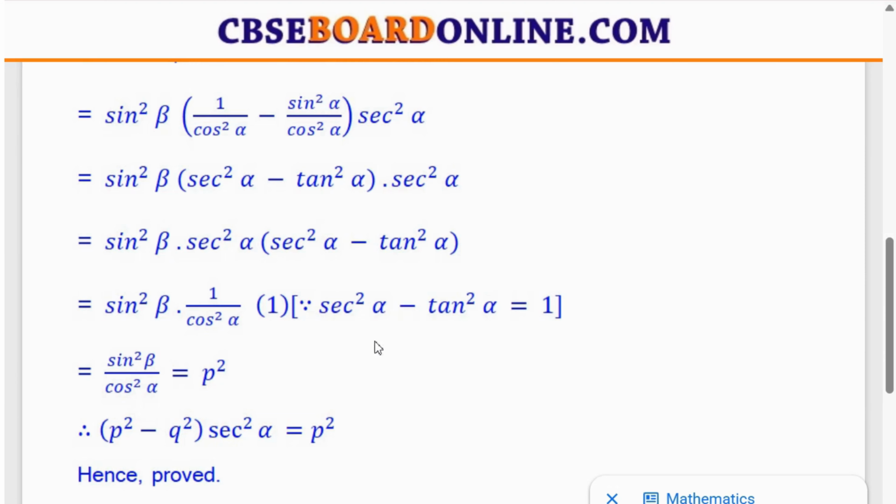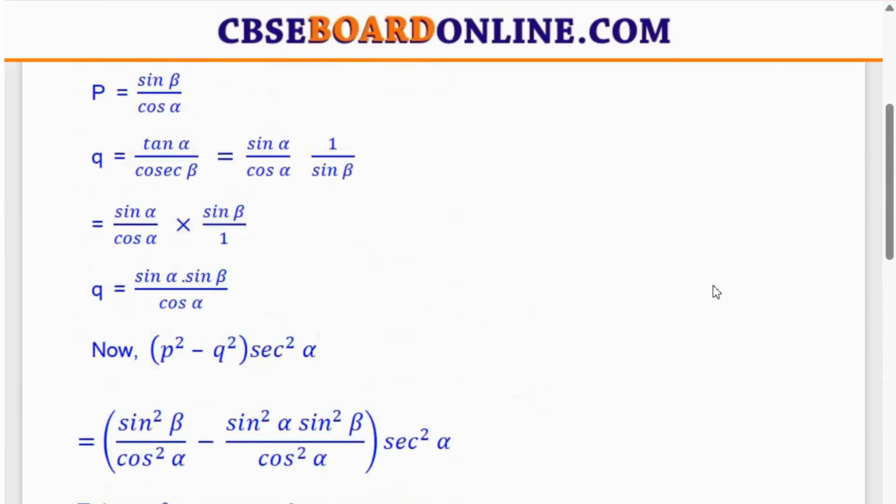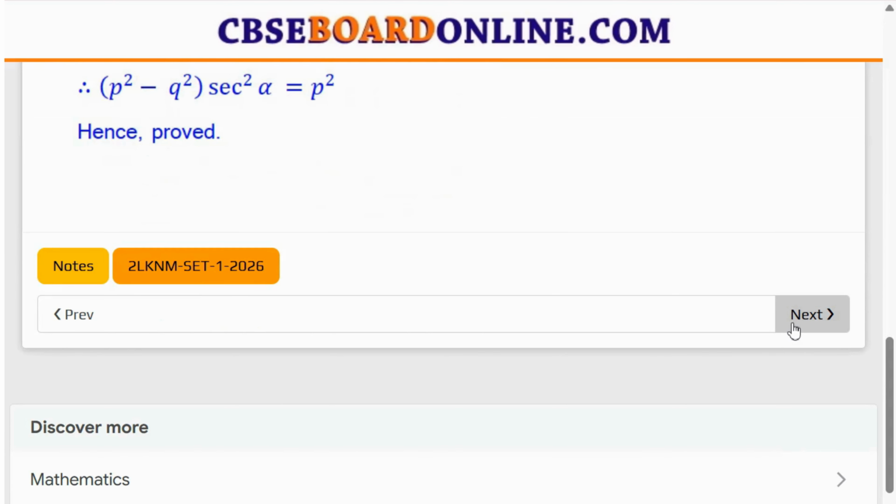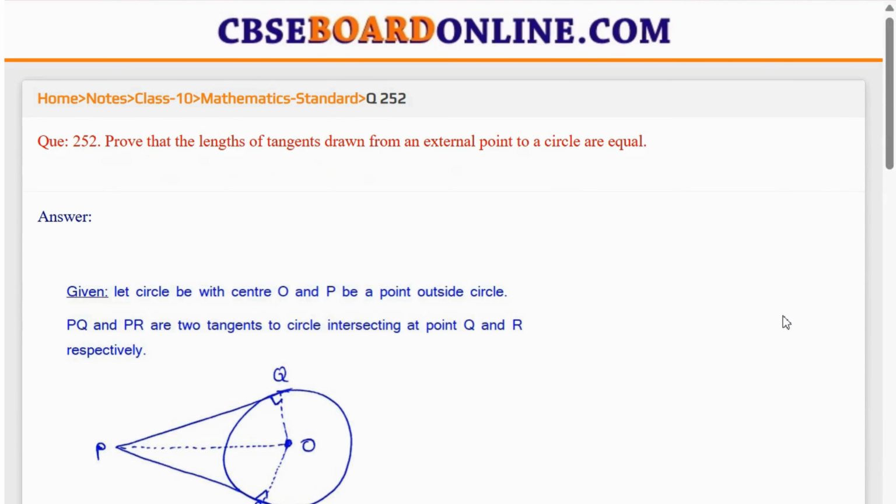So therefore the value of P square, which we have already got, is sine square beta upon cos square alpha, equal to P square. So hence proved. I hope you understood this question. It was a bit difficult, a moderate level question.